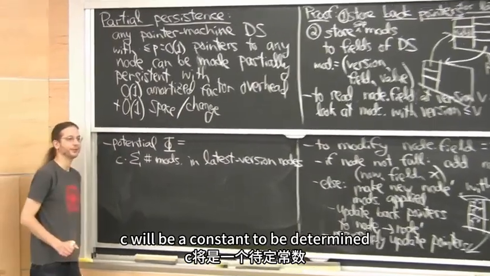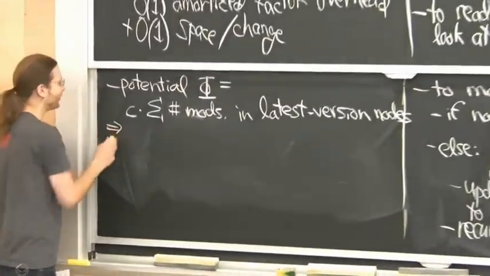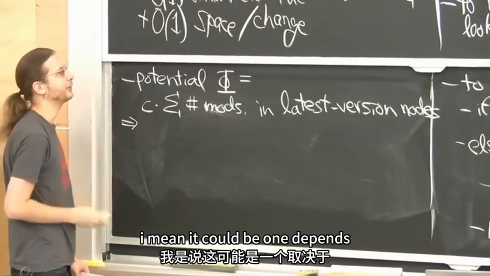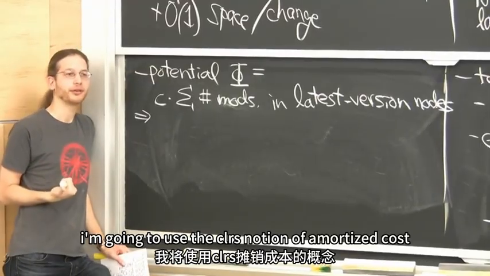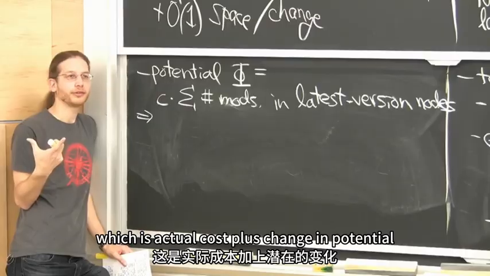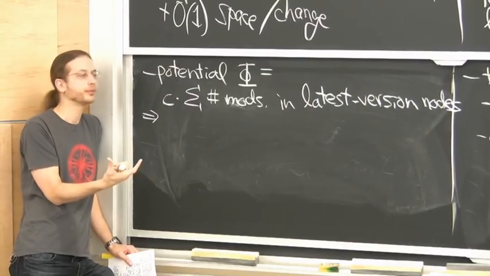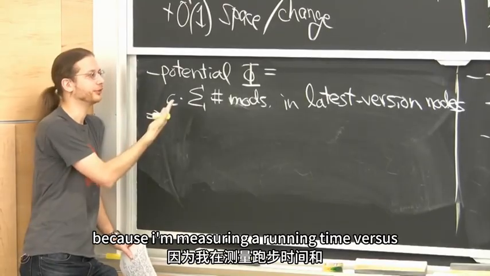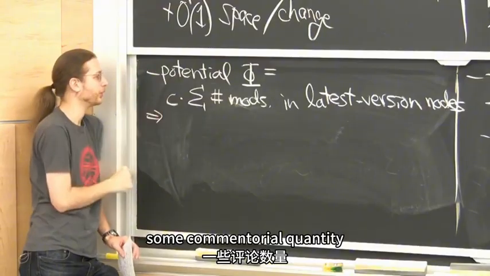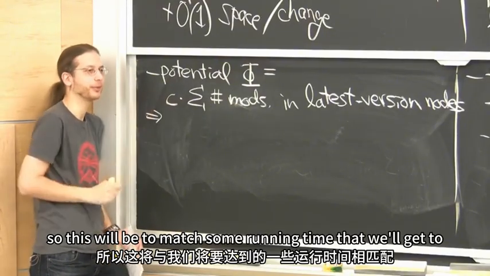C will be a constant to be determined. Potential, I mean, it could be 1. It depends how you want to define it. I'm going to use the CLRS notion of amortized cost, which is actual cost plus change in potential. And then I need a constant here because I'm measuring a running time versus some combinatorial quantity. So this will be to match some running times that we'll get to.